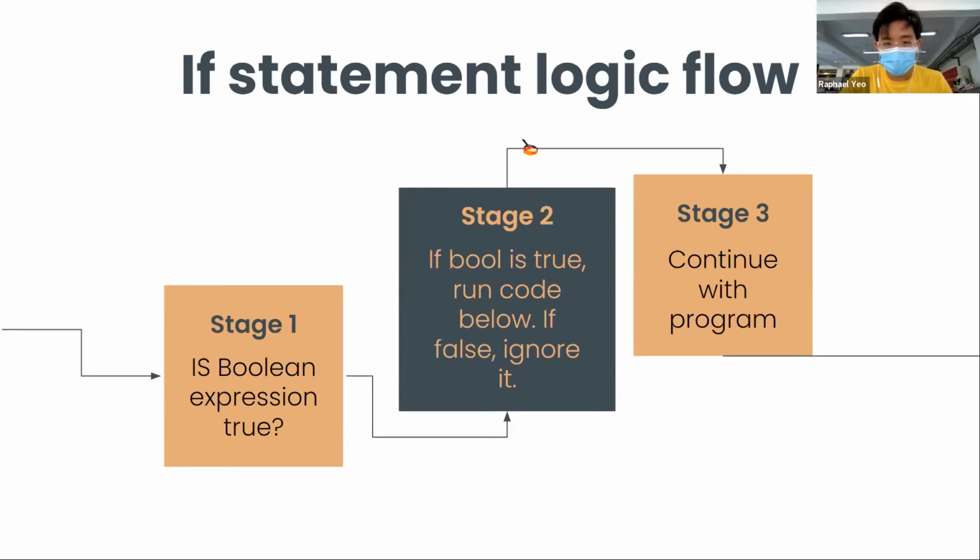And after that, regardless of what happens within the if statement, the rest of the program will continue to run. Okay, so as you can see earlier, regardless of what happens to the if statement, the print statement, this is the end of the program, will still print.